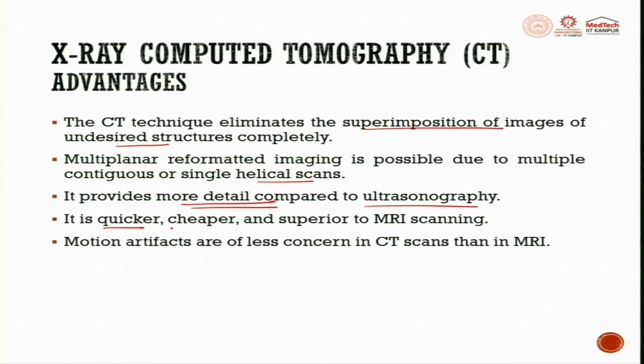It is quicker, cheaper and superior to MRI scanning. Otherwise, CT scanning in itself requires high cost, but in comparison to magnetic resonance imaging, it is quite cheaper. Motion artifacts are of less concern in CT scans than in magnetic resonance imaging.